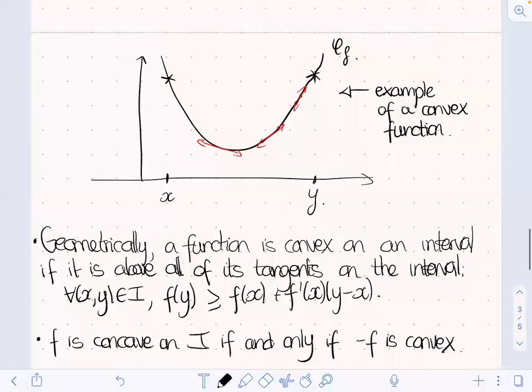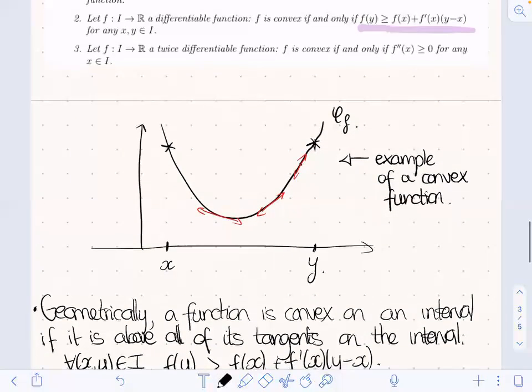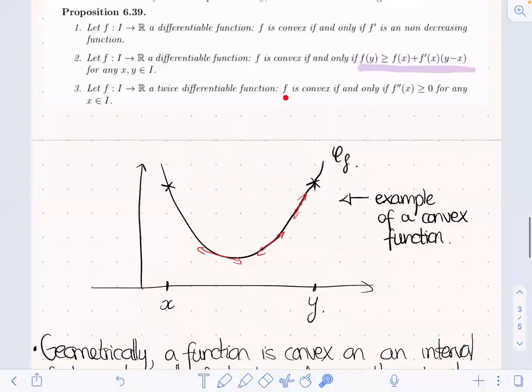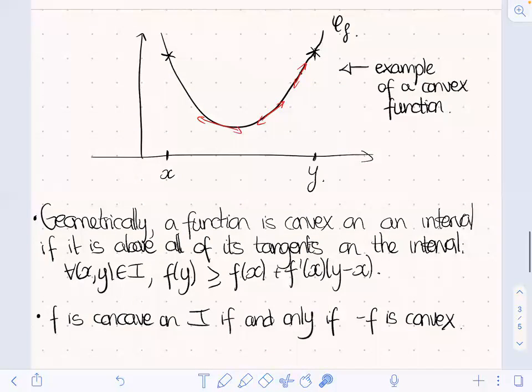So you can probably wonder why this is useful. One of the reasons, which you'll probably see later on, is that you can say a lot about the minimums and the maximums of a function if you know that it's convex or concave. The other thing that's nice is that if you have a twice differentiable function, you compute the second derivative and show that it's always positive, then you know that the function is above all of its tangents.